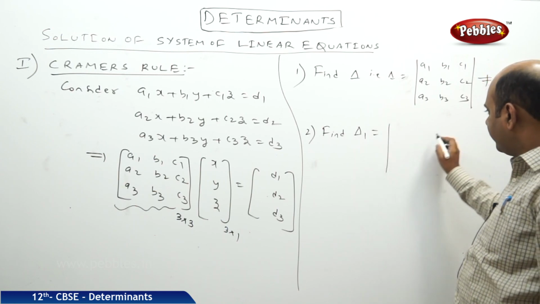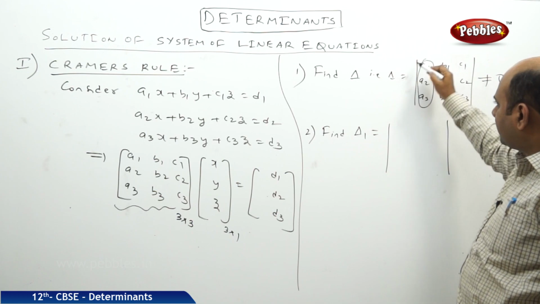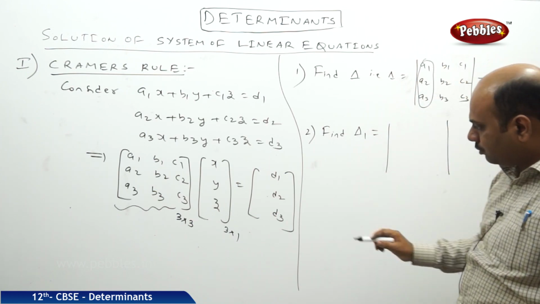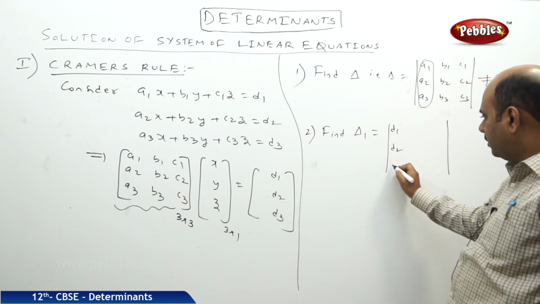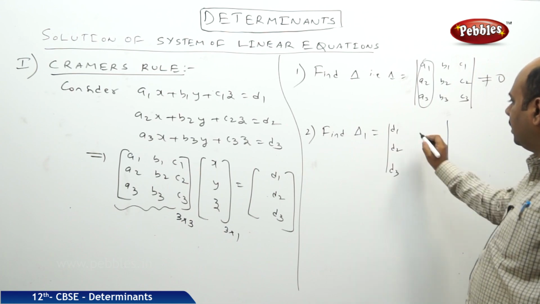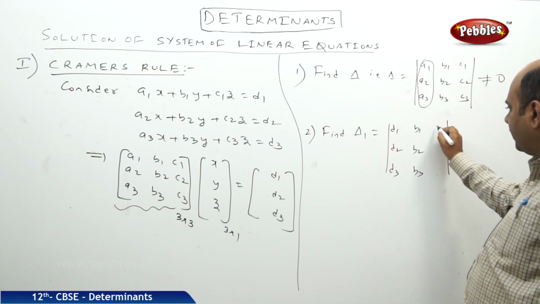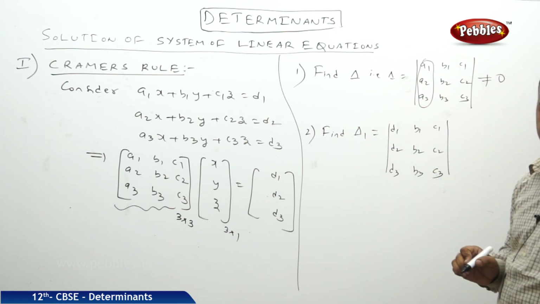Delta 1 is obtained by replacing the first column, that means a1, a2, a3 should be replaced by d1, d2, d3. Here d1, d2, d3, and here b1, b2, b3, and here c1, c2, c3.